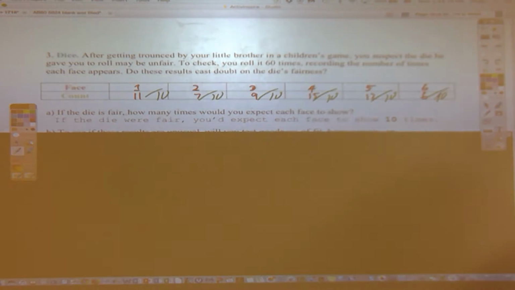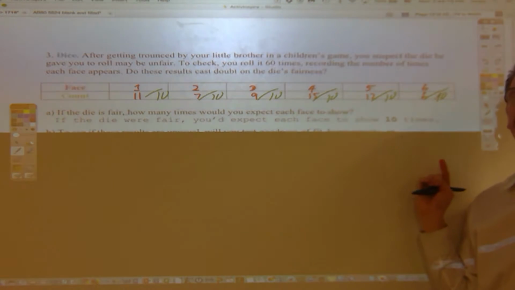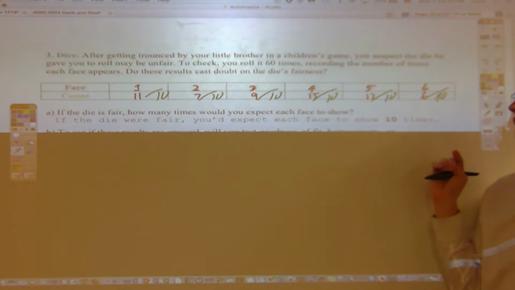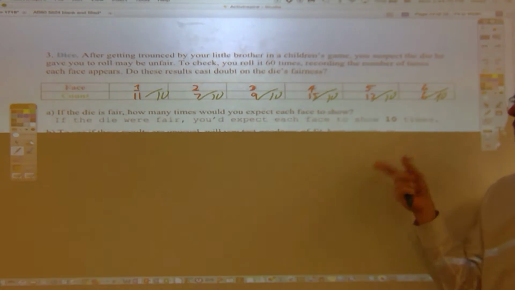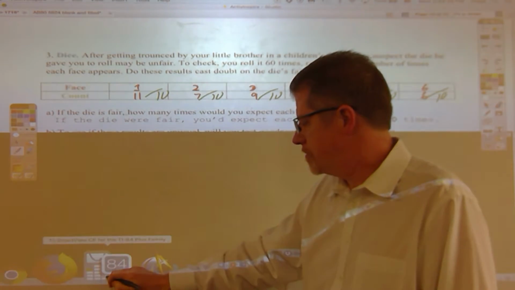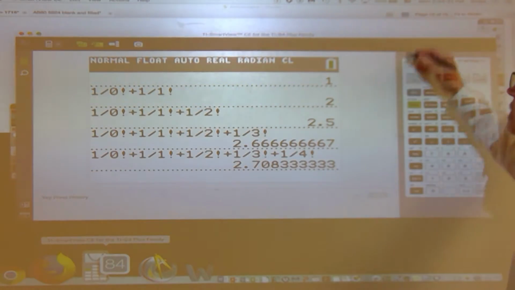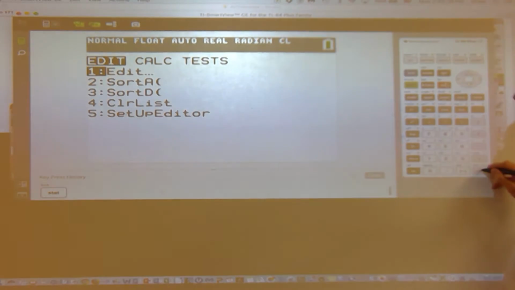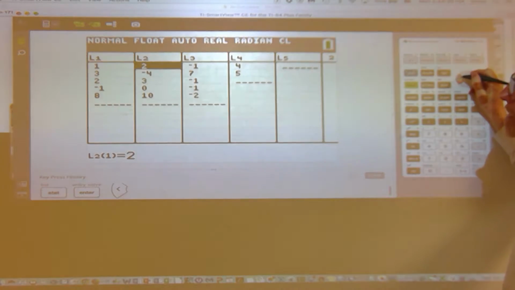So the chi-squared test for goodness of fit compares an observed distribution to an expected distribution. And notice that it's really just one list of numbers. It's not a two-way table, it's a one-way table. We're going to insert the one-way table into list 1.